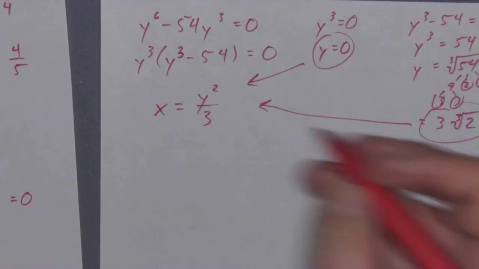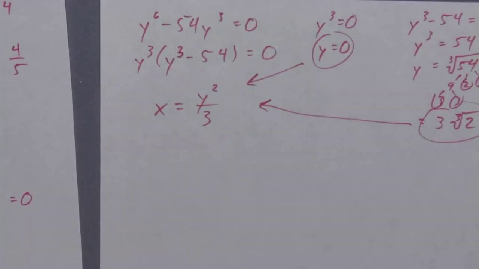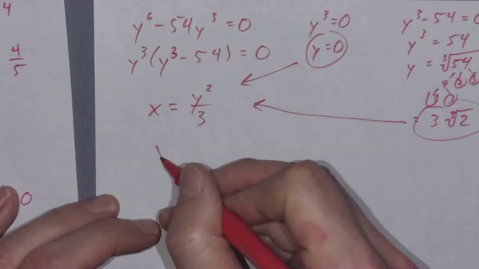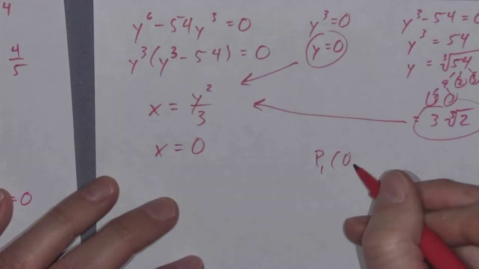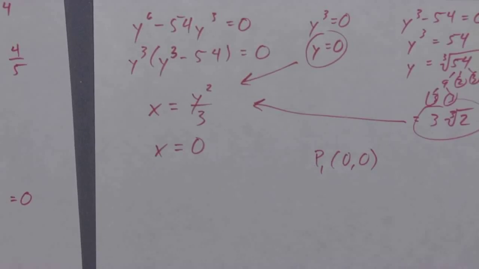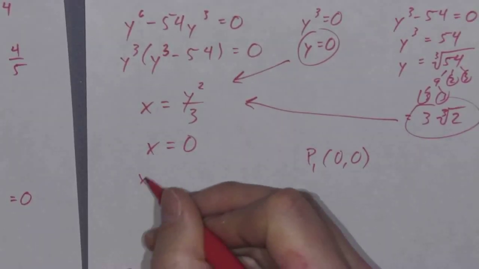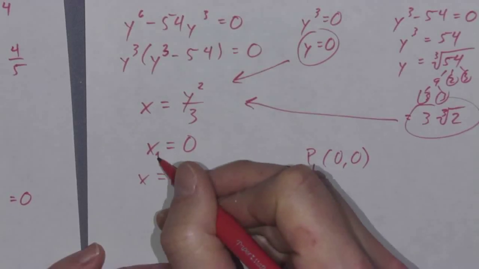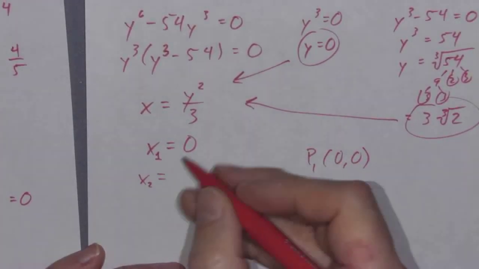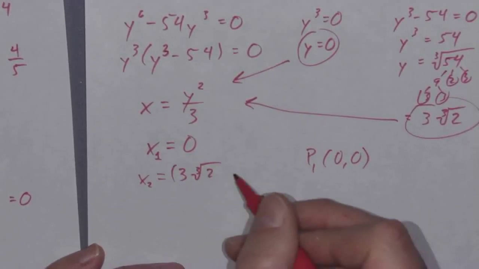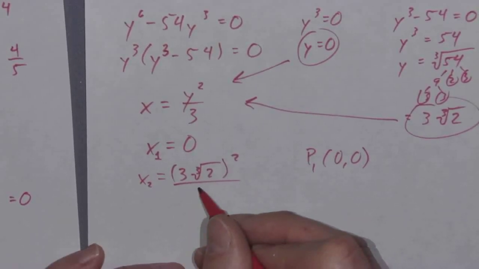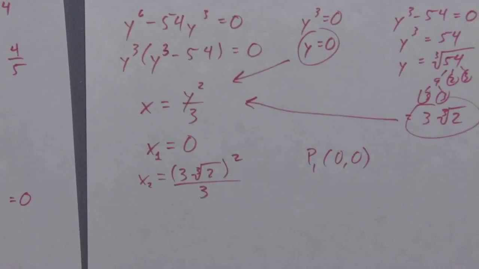So it looks like my x-coordinate would be 0. So 0, 0 is one point. And the second point is when we take the cube root of 54, which is 3 cubed root of 2, we've got to square it and then divide by 3.